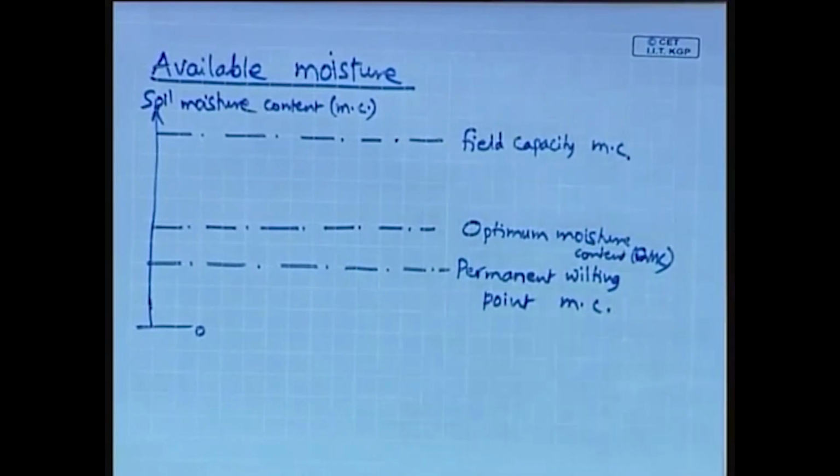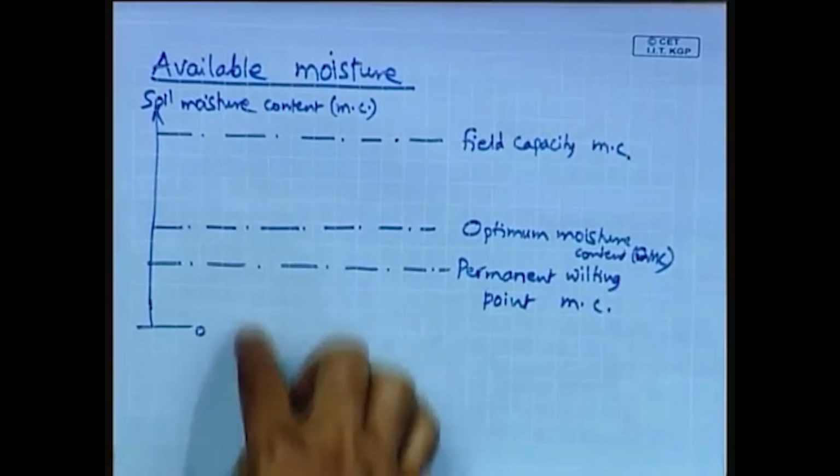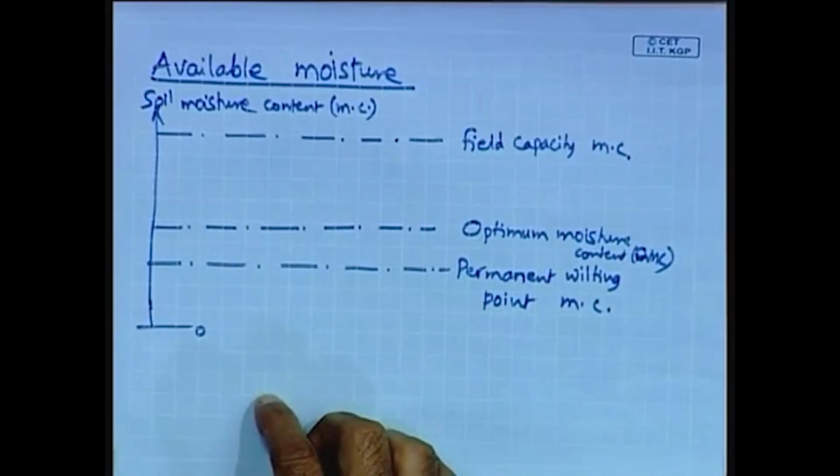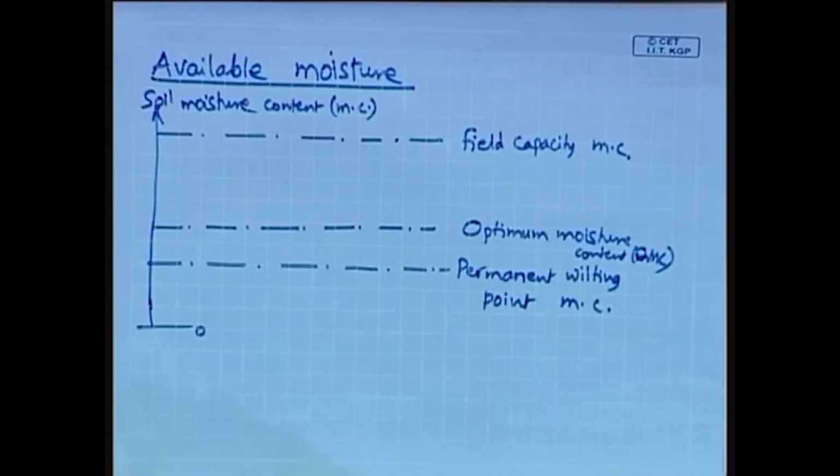And similarly, the wilting point is the moisture content wherein the plants start wilting. That means, below this wilting point, all the moisture is held by only molecular attraction between moisture or water particles as well as air and soil or rock particles.